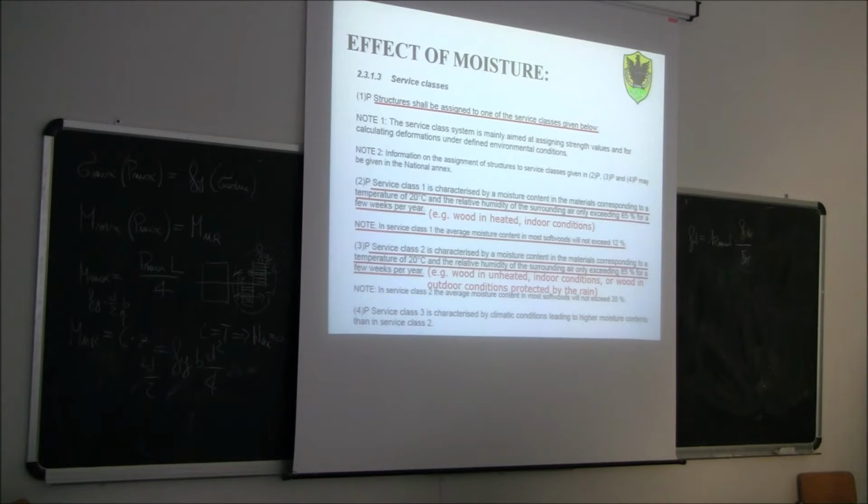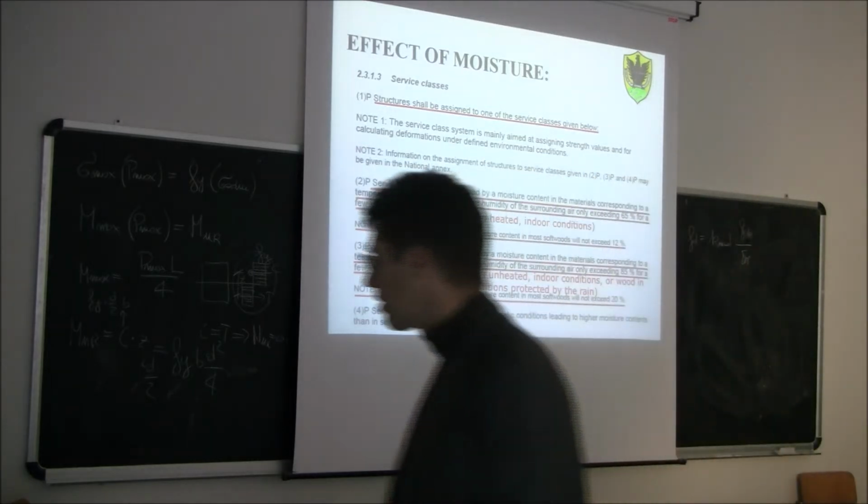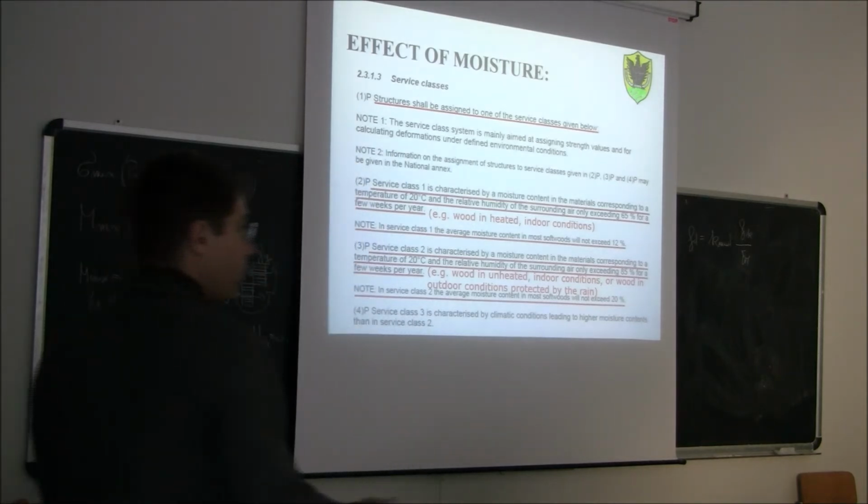So here we are increasing the relative humidity, and also the moisture content is increasing, because in service class 2, the average moisture content in most softwoods will not exceed 20%. So service class 1, moisture content less or equal to 12%. Service class 2, moisture content in the range 12 to 20%.